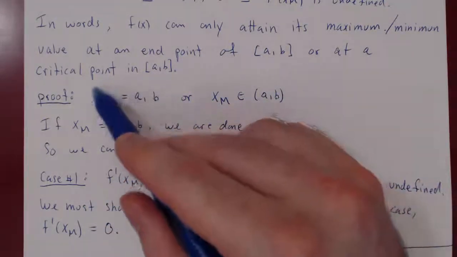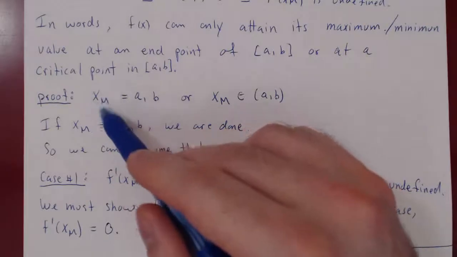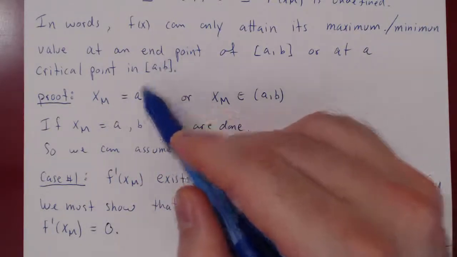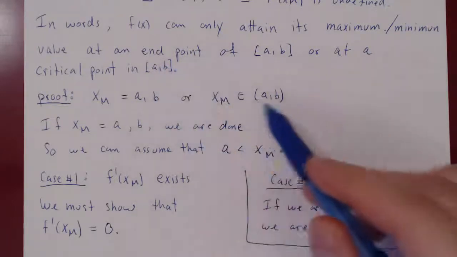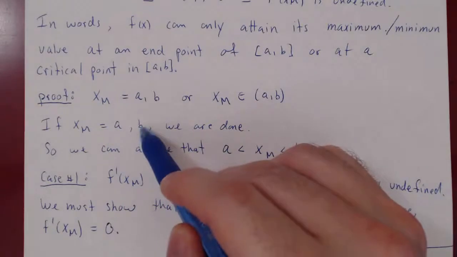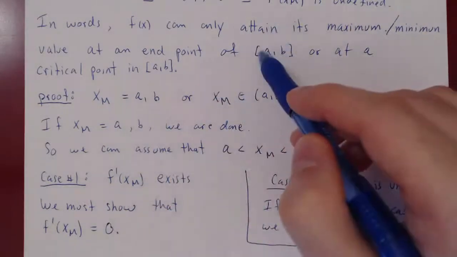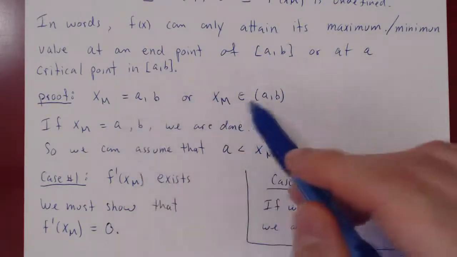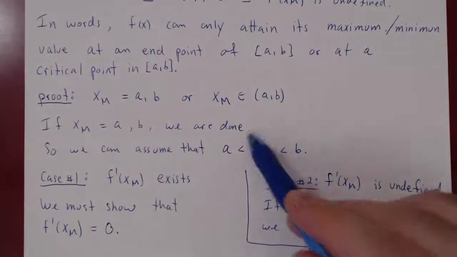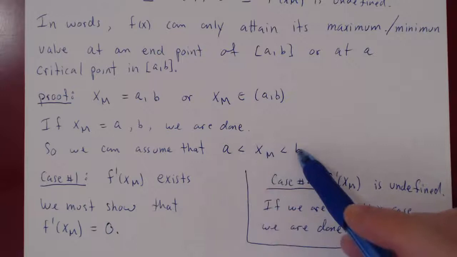So we said, well, any value that is an absolute maximum will be inside the interval, so it's either a or b, or strictly in between. If our absolute max is a or b, this is part of our conclusion, so it's good. So if it's not a or b, then our point is strictly inside of ab.